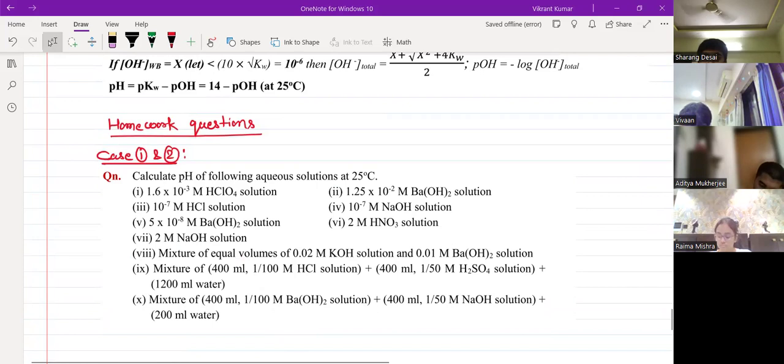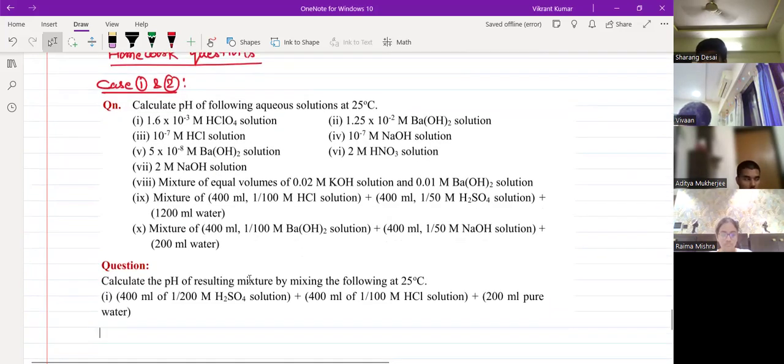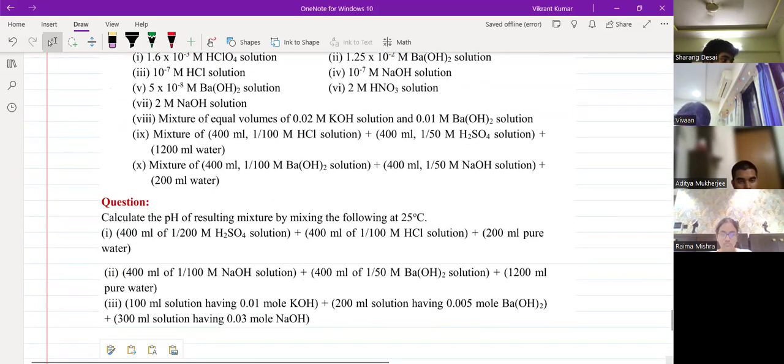Then mixture of acids may be the same; I can have this one. You try these questions and then for case number 3 and 4.